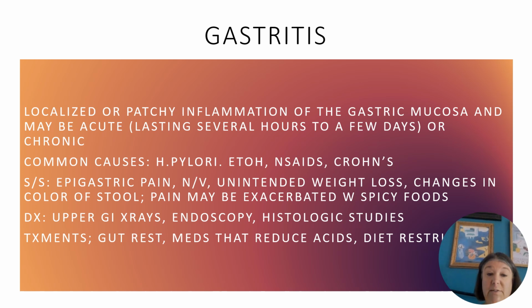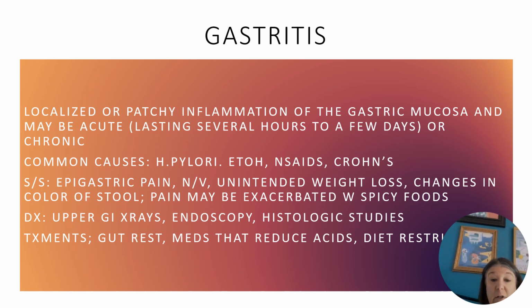Okay. Diagnosis: upper GI series, x-rays, endoscopy, tissue, histological. That just means we're going to look at the tissues. If hemorrhage is suspected, we're going to do an occult stool sample. Treatment is going to be collaborative care.